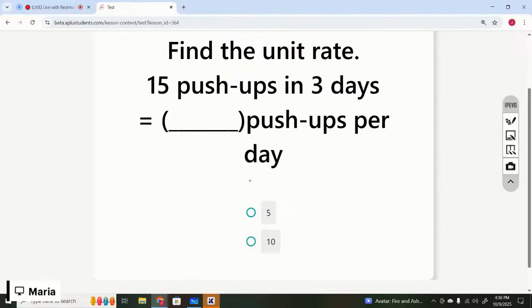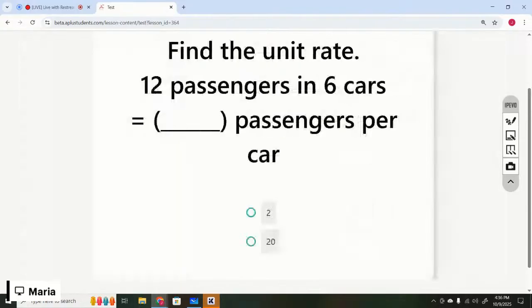So how many push ups per day? That is 5 push ups per day. Option number 1 is the correct option.